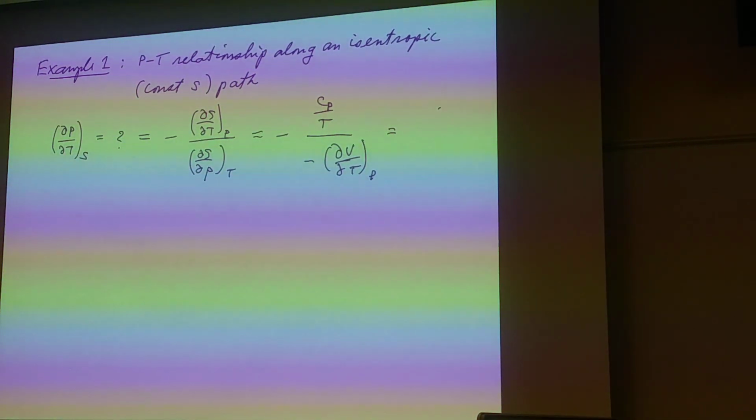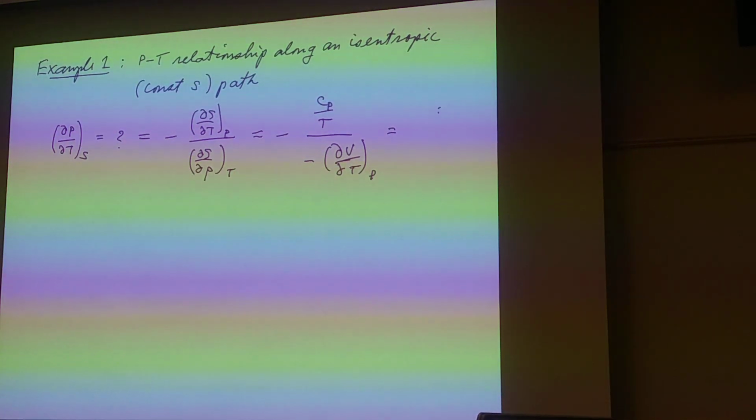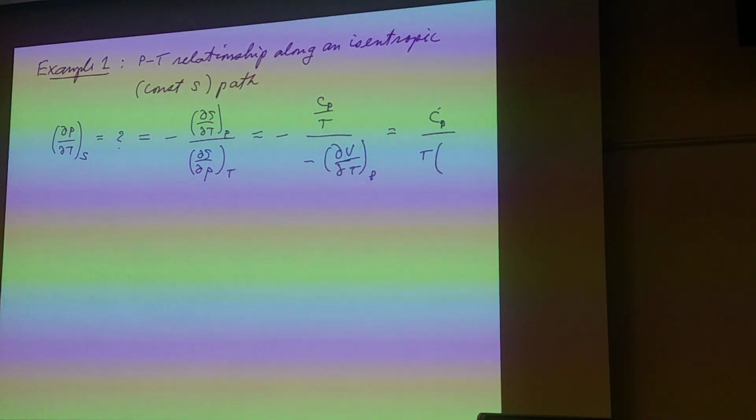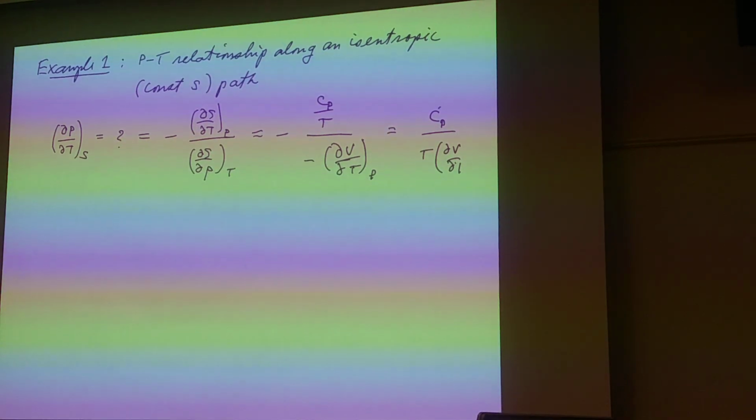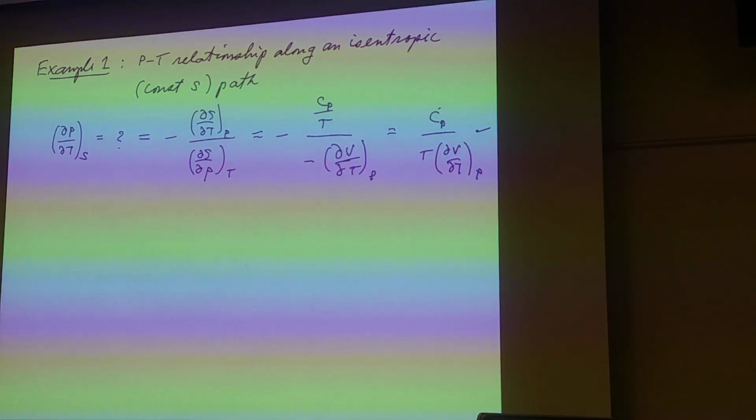Minus does. So I end up with Cp over T times partial V with respect to T at constant P.